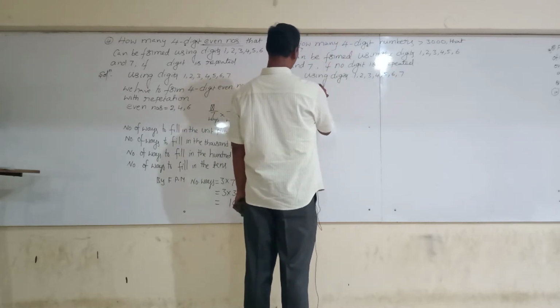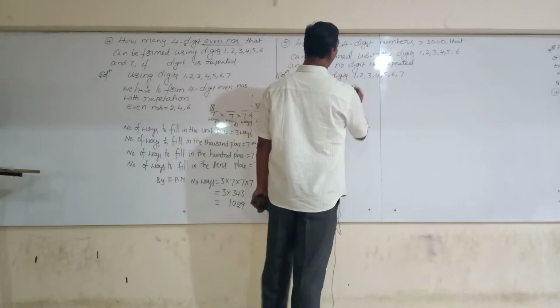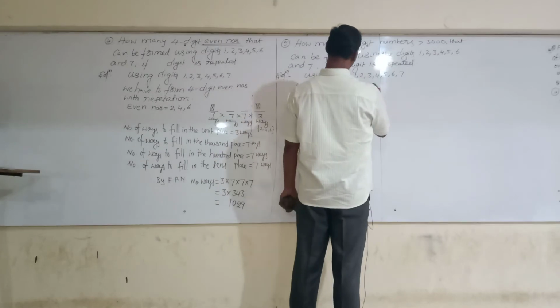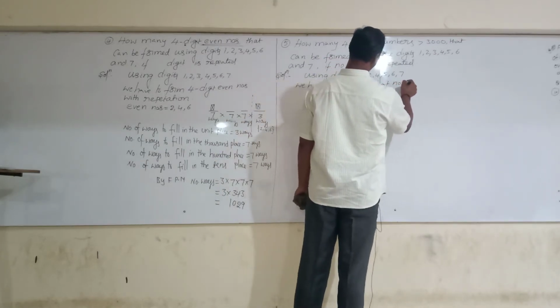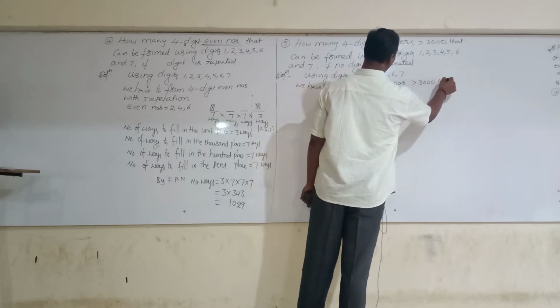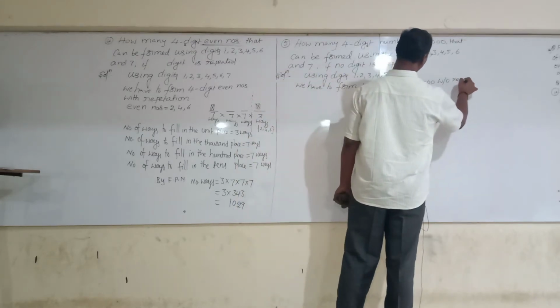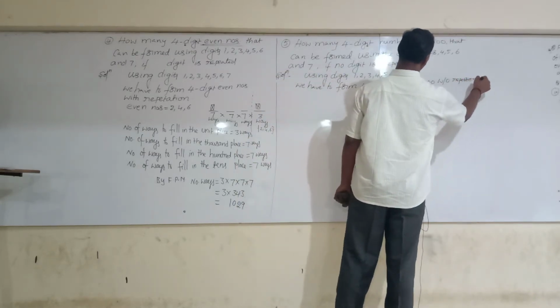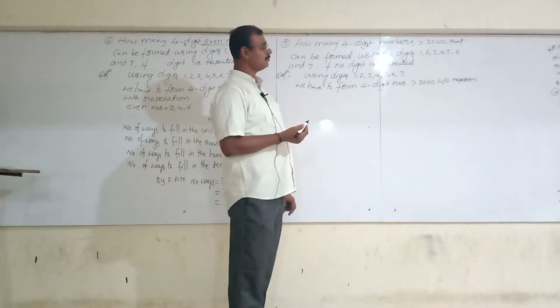We have to form 4-digit numbers greater than 3000 without repetition. This is the question without repetition.